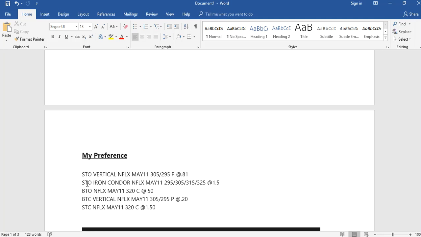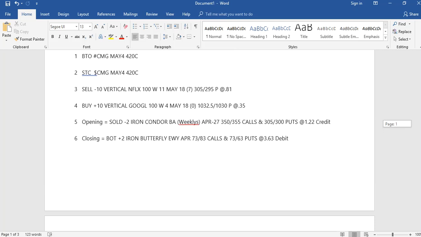The next trade is a sell to open of an iron condor for Netflix May 11th. I like this structure better for an iron condor as opposed to the earlier example where they had to spell out the two strikes for the call and the two strikes for the put.